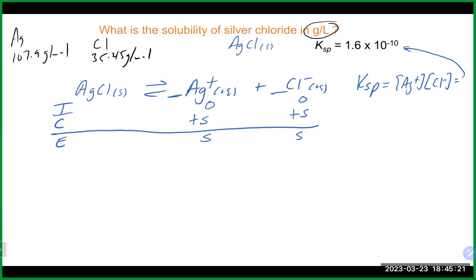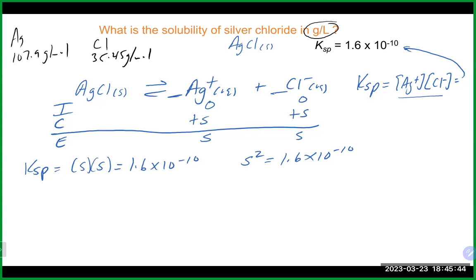So very much like all the other ice tables, we're going to take our equilibrium line and put it into our expression. And that means that the KSP here would equal S times S, and that would equal 1.6 times 10 to the minus 10. That gives me S squared equals 1.6 times 10 to the minus 10.